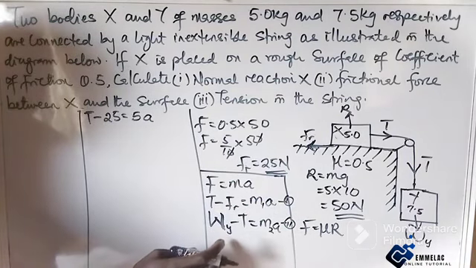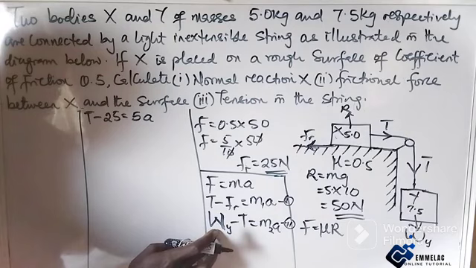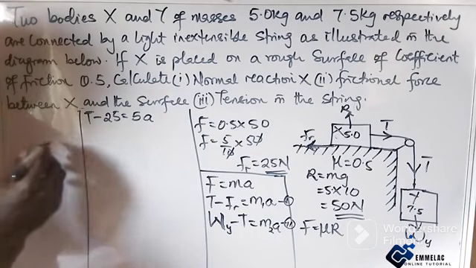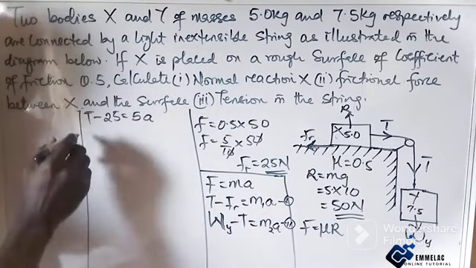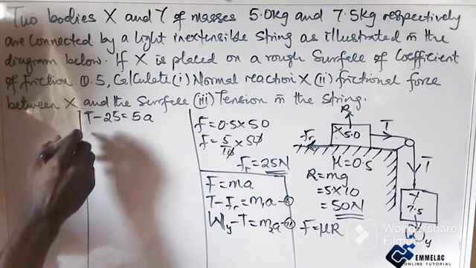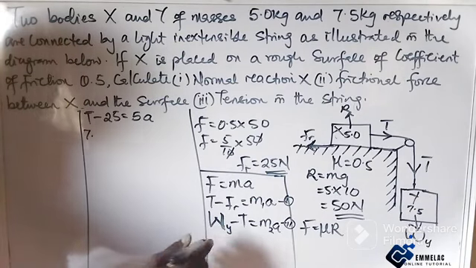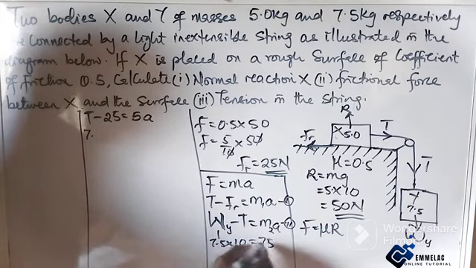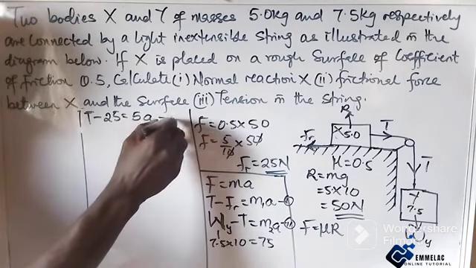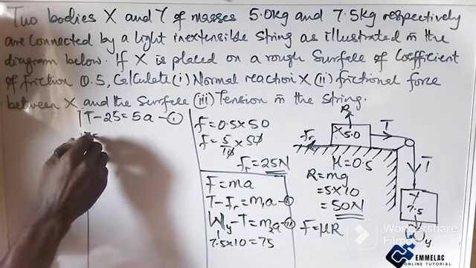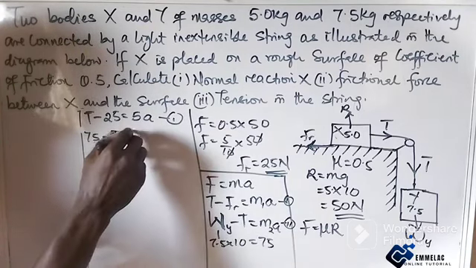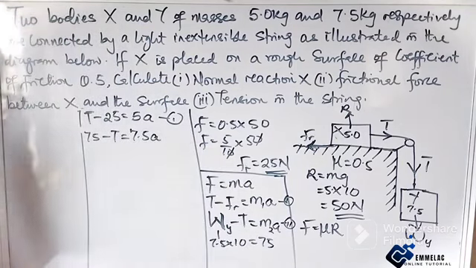Now this one, take note that the weight here will be the product of the mass and acceleration due to gravity, and the mass here is 7.5. So we have 7.5 times 10, which will give us 75. So for the second equation, 75 minus the tension equals 7.5, the product of 7.5 and the acceleration.